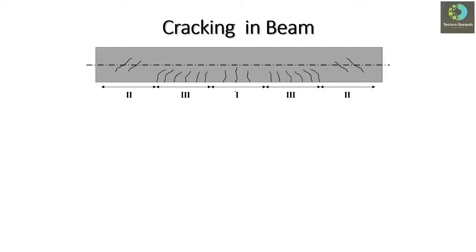So these cracks will form in the shown manner, vertical initially, and then tending to the inclined plane along the principal plane due to the shear. So this is about the cracking in the beam.